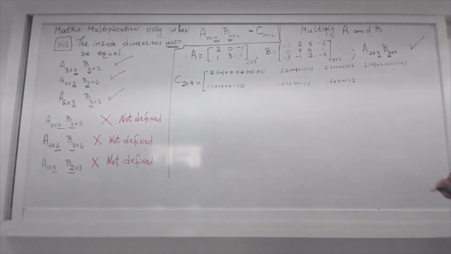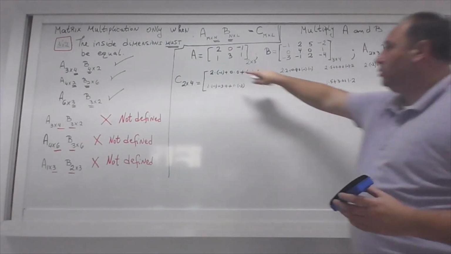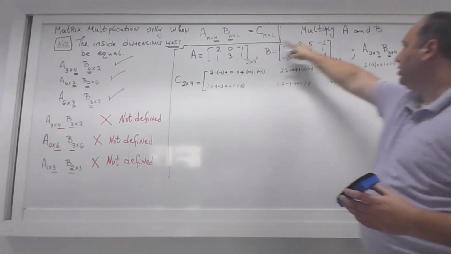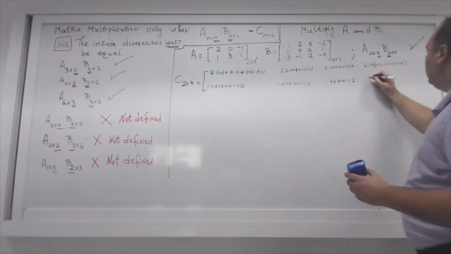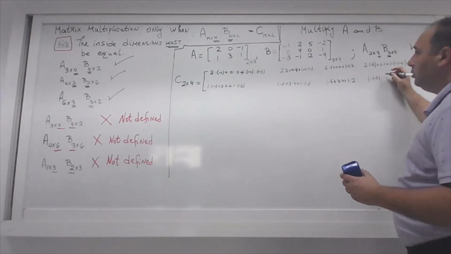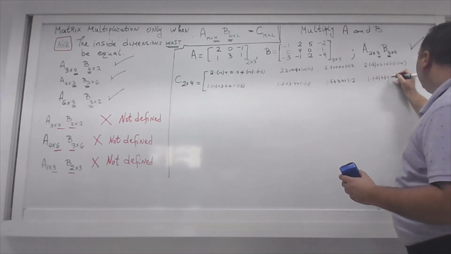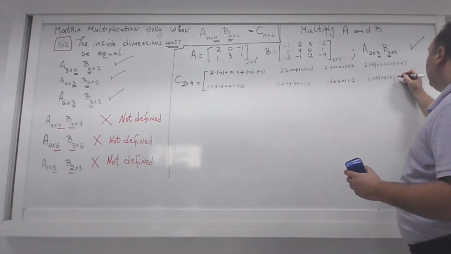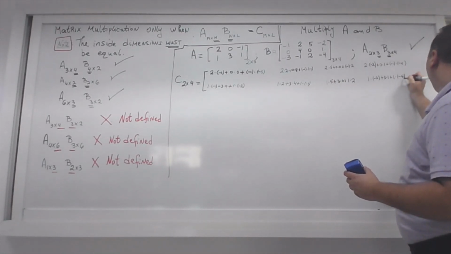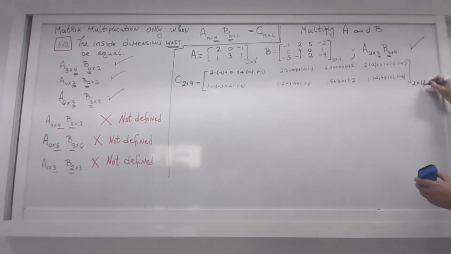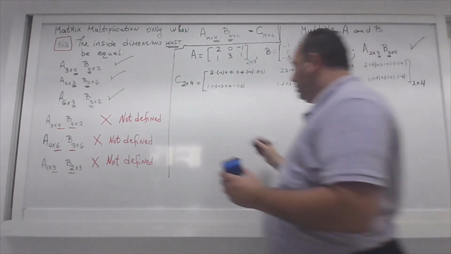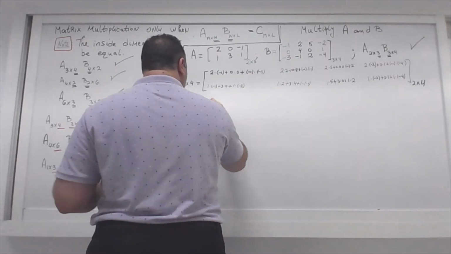And entry 2,4 will be row 2 from A dot product with column 4 from B. So it will be 1 times negative 2, plus 3 times 1, plus 1 times negative 4. So you see I have 2 rows and 4 columns. Okay, let's compute this to see what's going on.